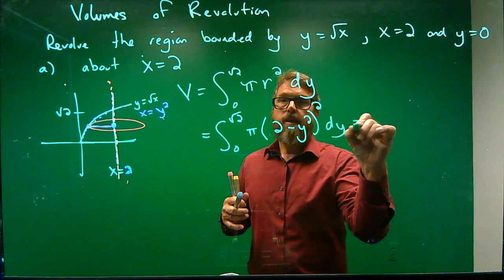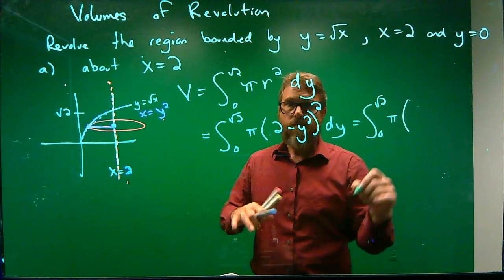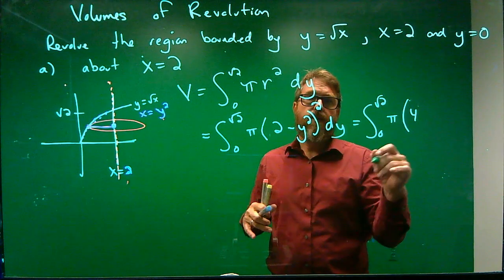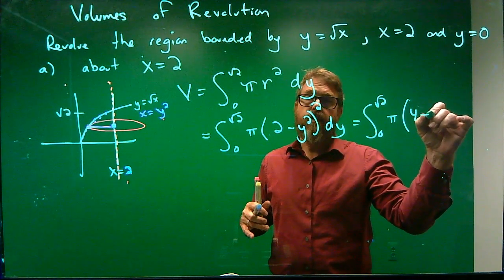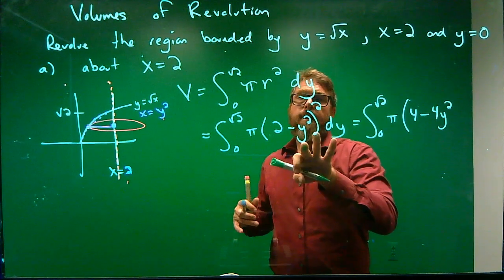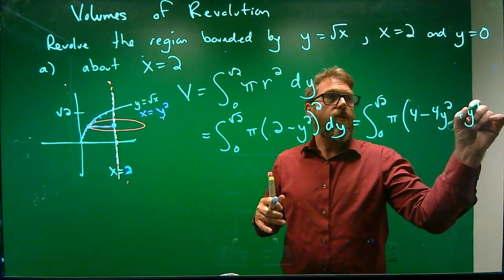So this is going to be equal to the integral from 0 to root 2 of pi. When you square this, it's 2 times 2, which is 4. Outside's going to give you a negative 2y squared. And then inside's going to give you another negative 2y squared, which is minus 4y squared. And then negative y squared times negative y squared is plus y to the 4th dy.